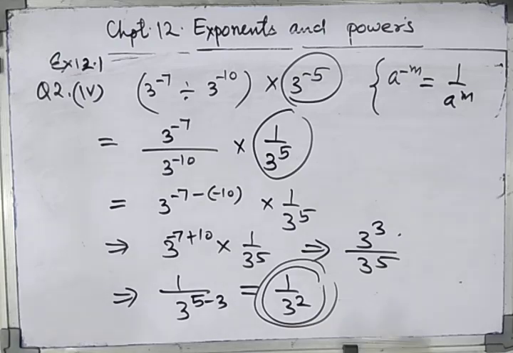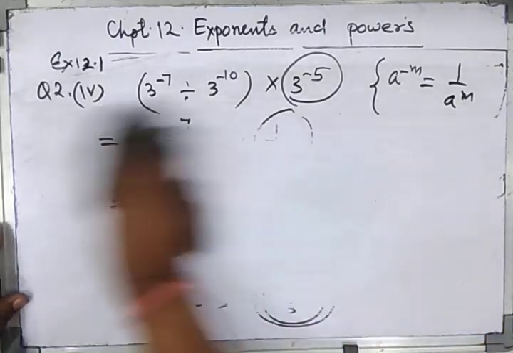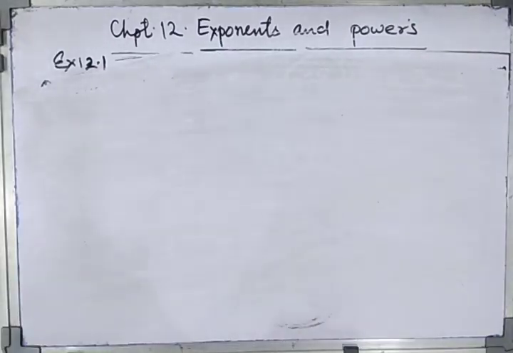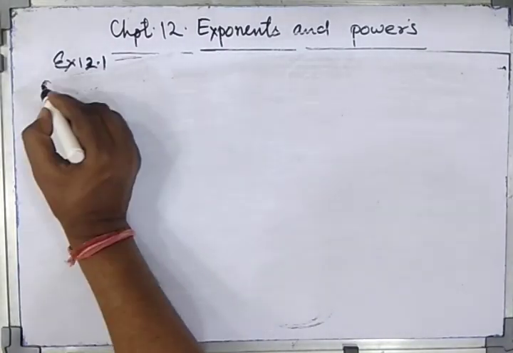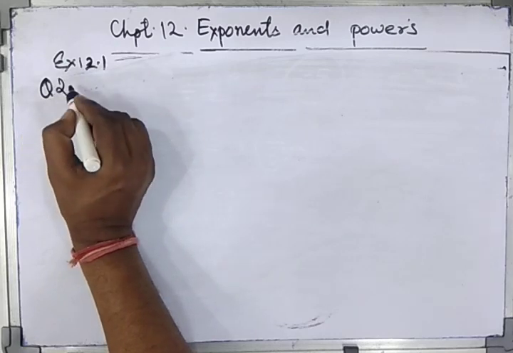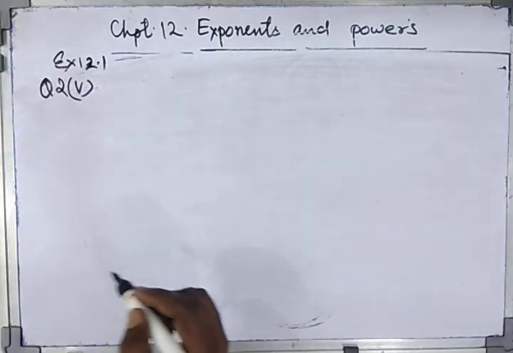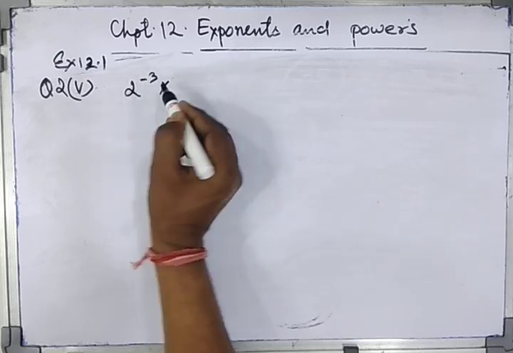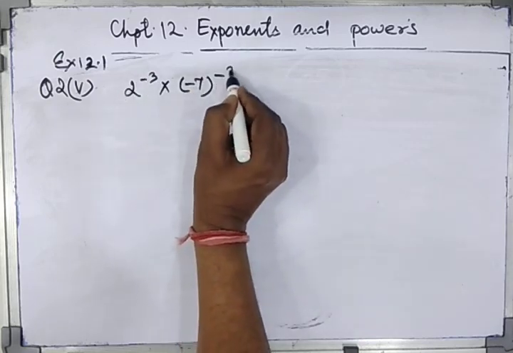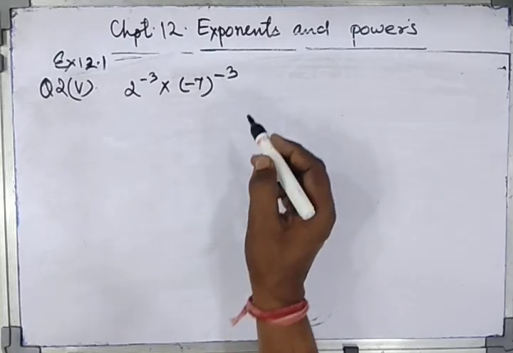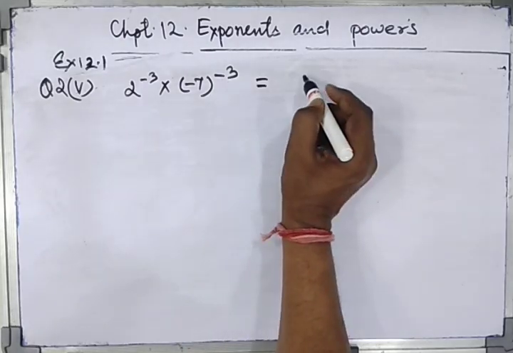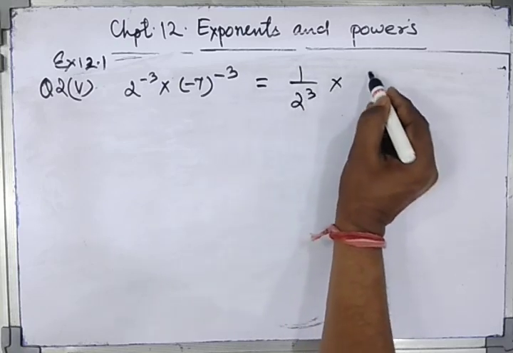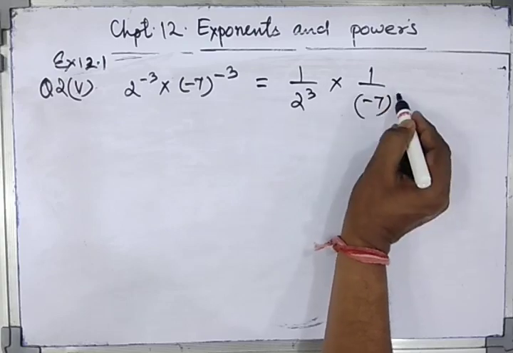So next, student, fifth one in question number 2: 2 raised to minus 3 into minus 7 raised to minus 3. So this will be equal to 1 by 2 raised to 3 into 1 by minus 7 raised to 3.